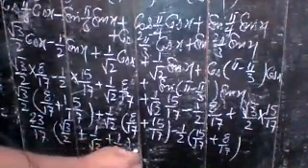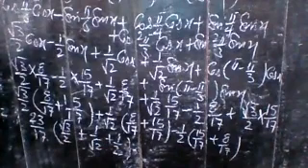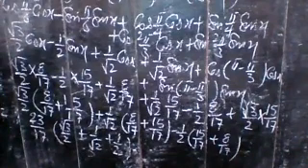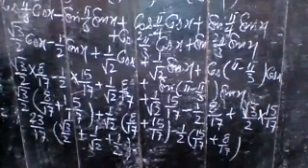Leave it, and that is your solution. So the value of this one is written like that. Here you see that with the help of the identity, you can find the values.